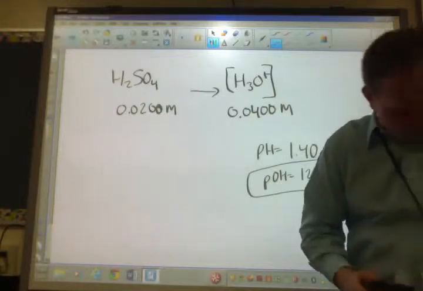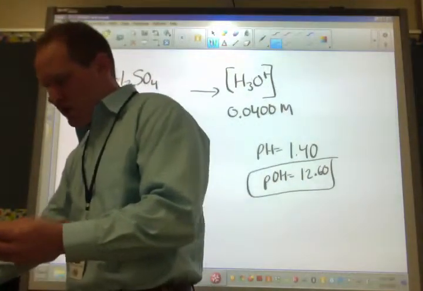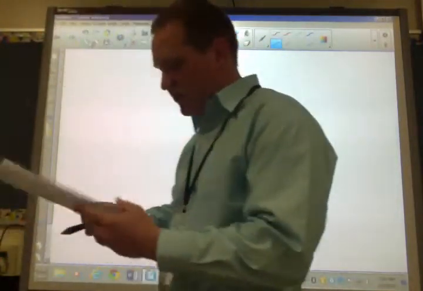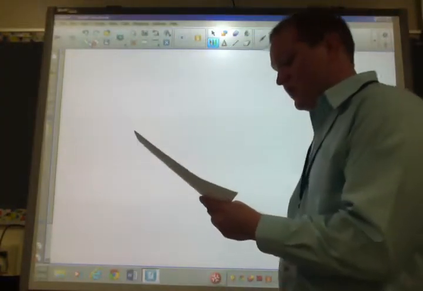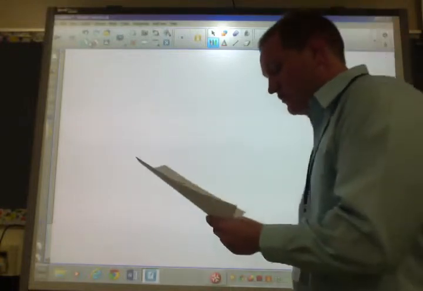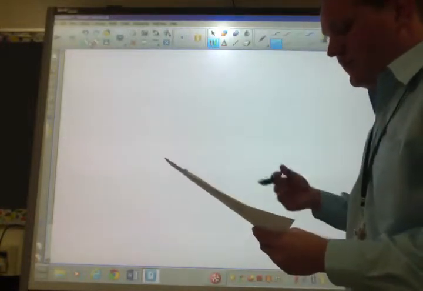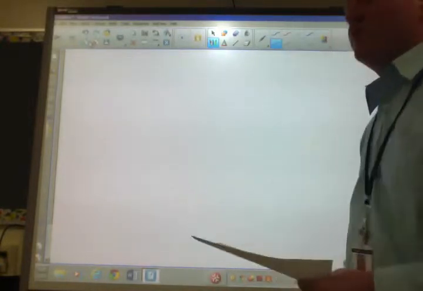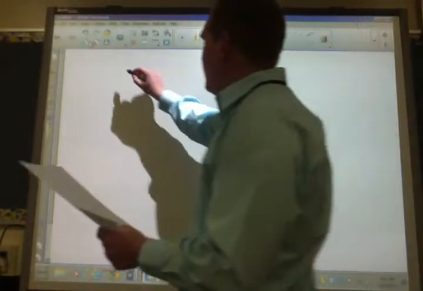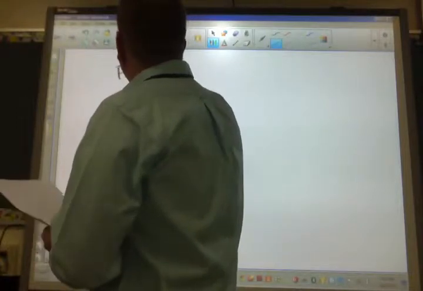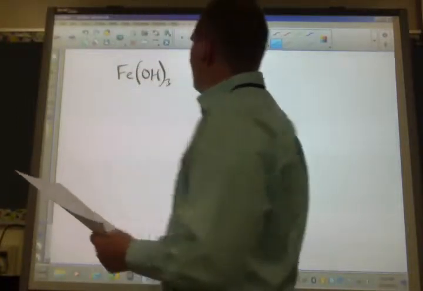Last problem. What's the pH of a 0.500 molar solution of iron 3 hydroxide? Assume this is a strong base, 100% dissociation. This is actually, not sure if it would be called a tribasic formula, but basically it's Fe(OH)3.